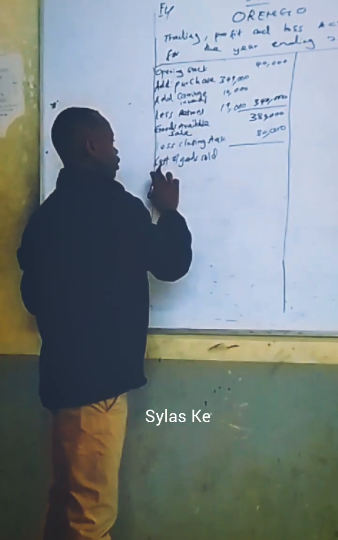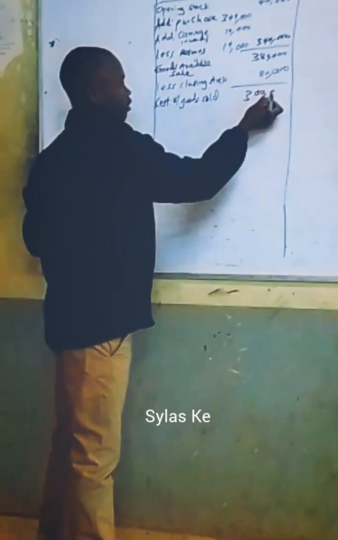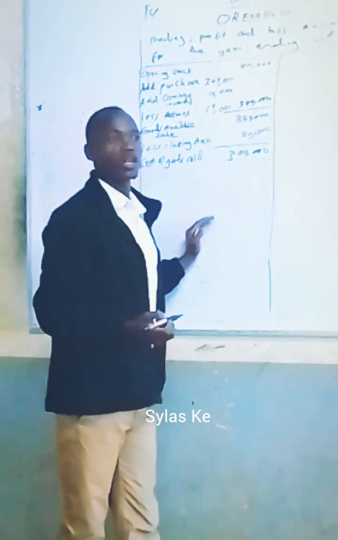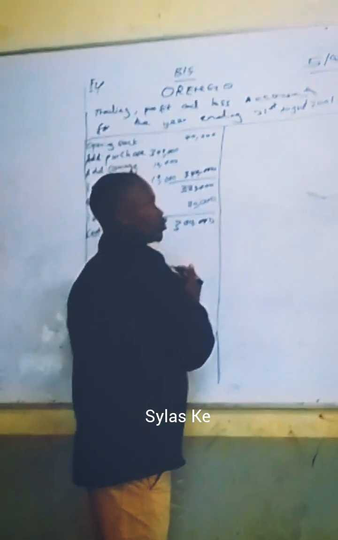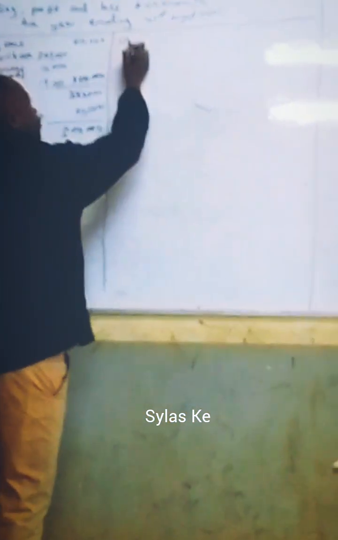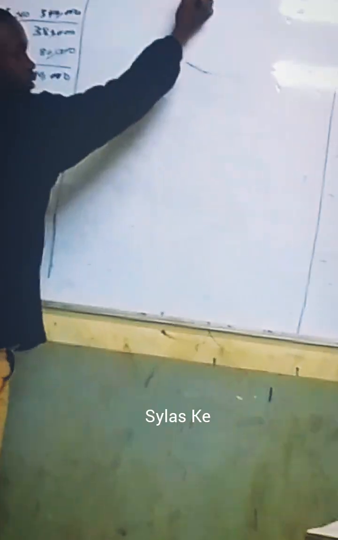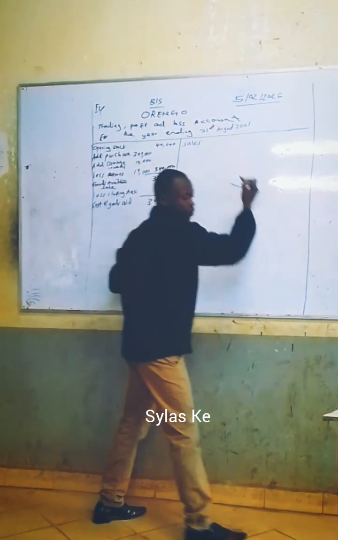Cost of goods sold will be 300,000. Now, to get the gross profit from the trading account, we need to find the net sales, then get the difference between the net sales and the cost of goods sold. How much are the sales on the credit side of the trial balance? 582,000.